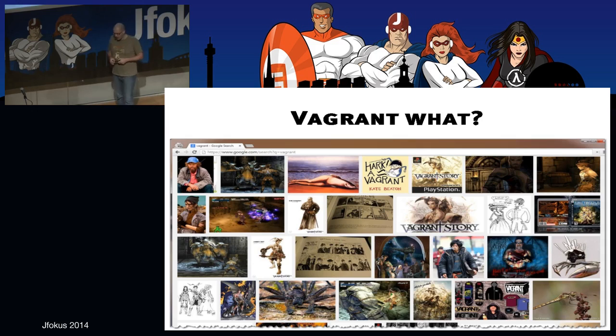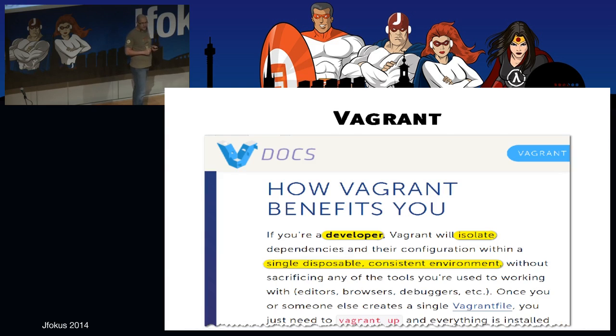Let's look at the other guy. The other guy, this one is Vagrant. So this is a Google search for Vagrant with safe search turned on. Anyhow, this is not something that looks familiar to us, but actually the Vagrant that we searched for is this guy. Again, a screenshot from the home site.